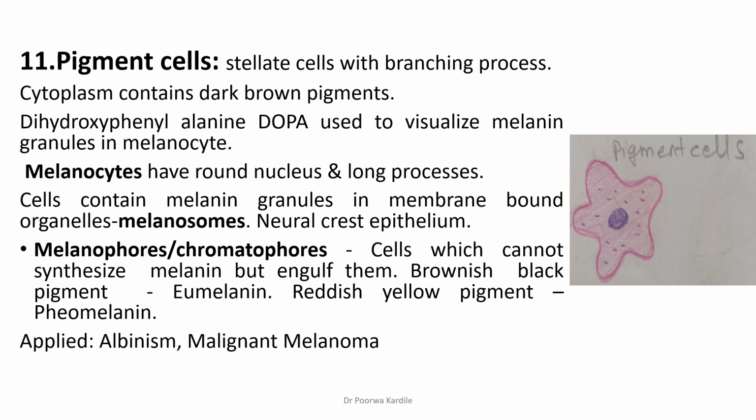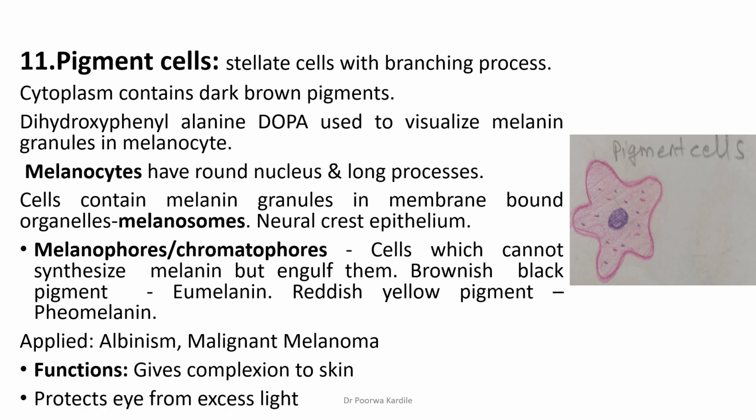When melanocytes are absent, the skin becomes prone to malignancy because of the harmful effect of ultraviolet rays, and there can be malignant melanoma also. The main function of melanocytes is to give complexion to the skin, and the pigment cells in the retina and iris protect the eye from the harmful effect of UV rays.